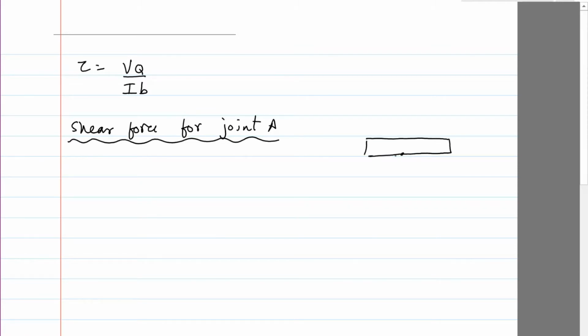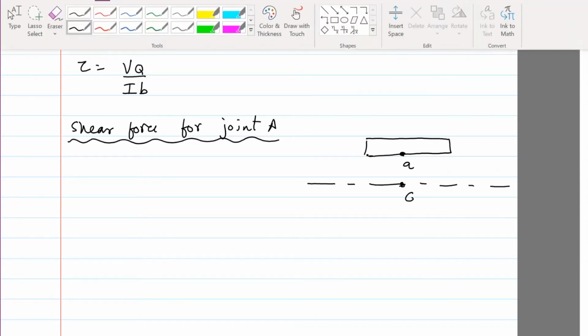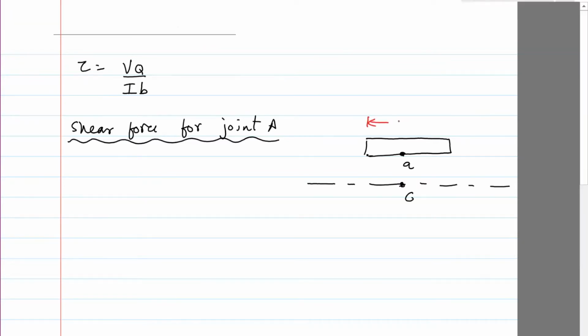So I draw the top plate. I'll show the centroid, which is also the neutral axis. That's my C. That's the joint A. We call that A. Let me put some dimensions there. So from the figure, which is now on the previous page, this was 0.1.